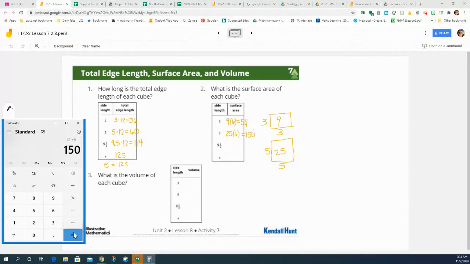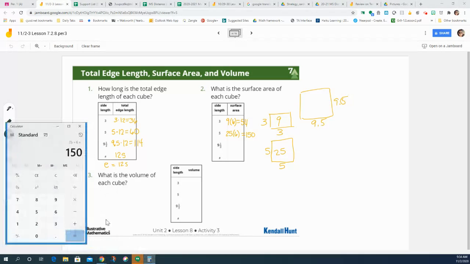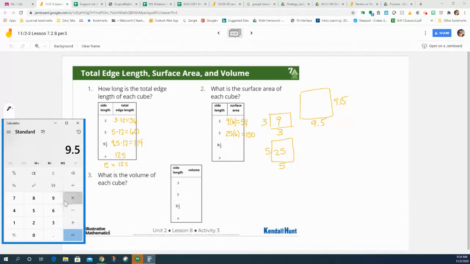And then the next one is a little bit bigger, 9.5 times 9.5. 9.5 times 9.5 is 90.25. Now we take that amount, 90.25, and multiply it by 6.